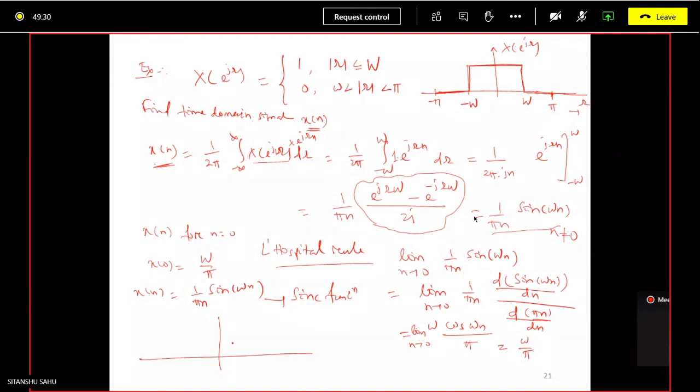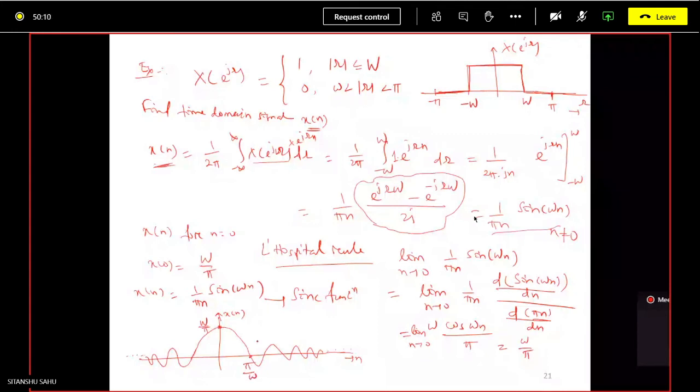So you can see in time domain also the sinc function looks like this. This is n, and this is x of n. And here the value will be w by pi, and this will be again pi by w.